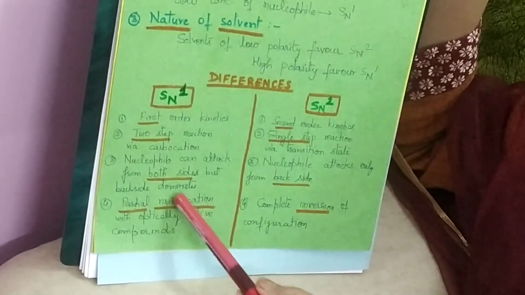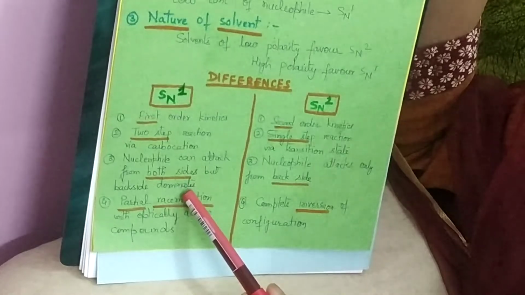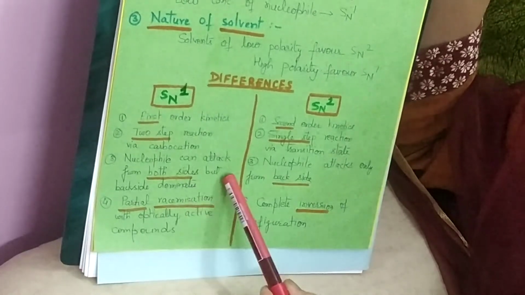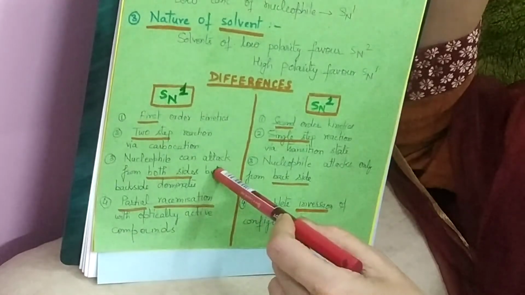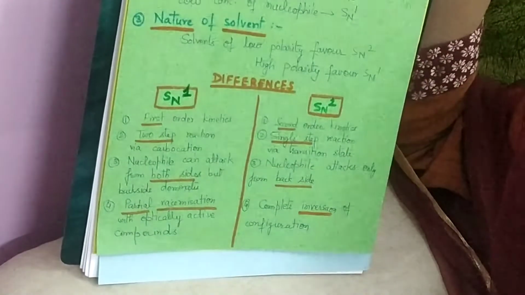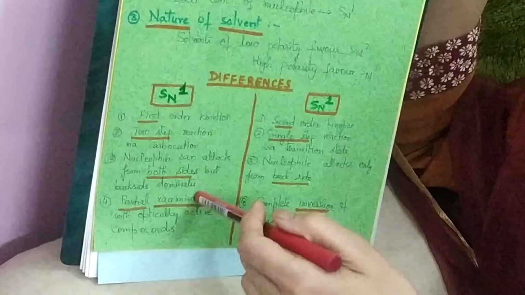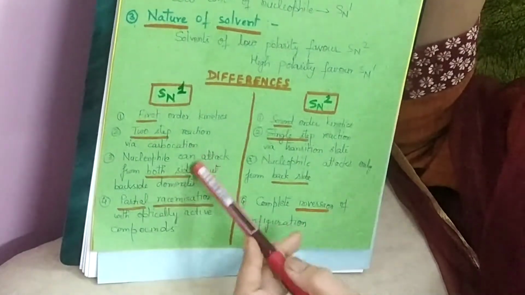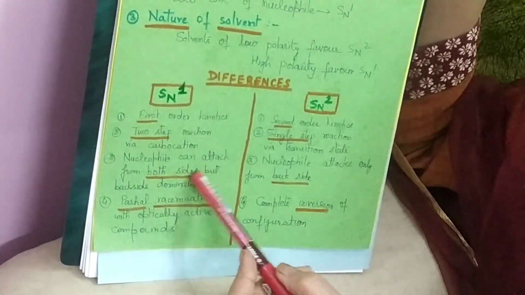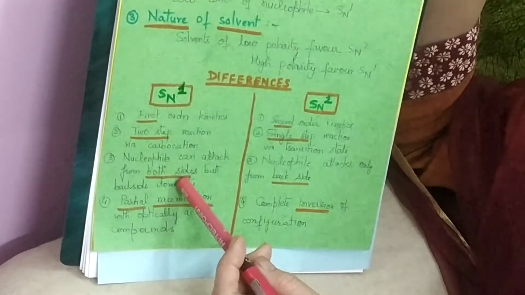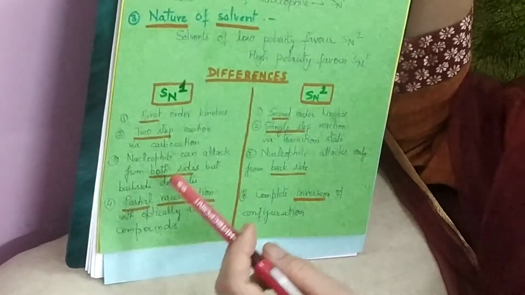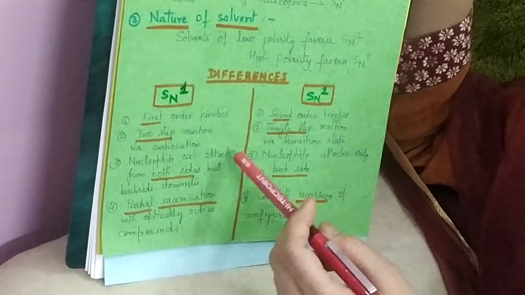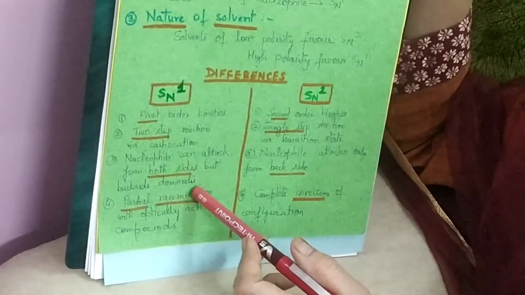Third point is that the nucleophile can attack from both sides, because again remember that here in this case we have got the intermediate formation of carbocation. So two-step reaction, carbocation will be formed, and which is a flat planar structure and can be attacked by the nucleophile from front as well as back side, and the result is the formation of a mixture of products.